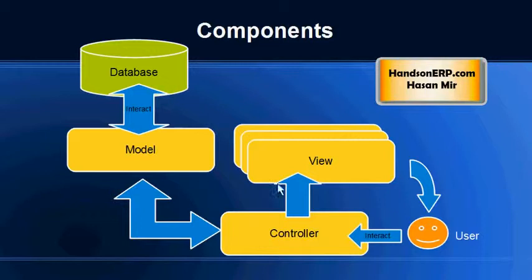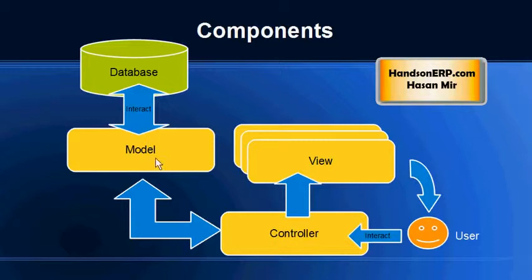Let's say the user is seeing something on the screen, a presentation view from the software, and the user presses some button. The controller is going to take over the communication and translate that button into some kind of an action. Let's say this button is about querying some data from the database. So the controller is going to pass that information to the model.